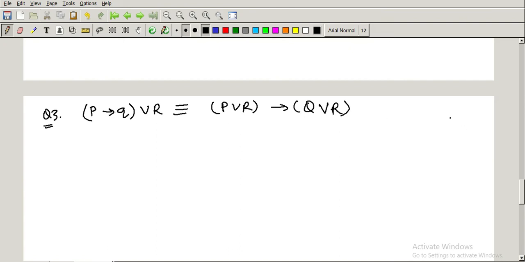Don't confuse these symbols; they are the same.